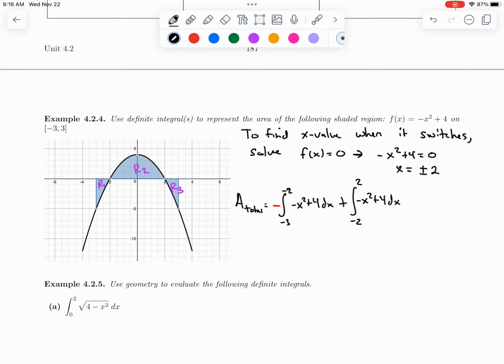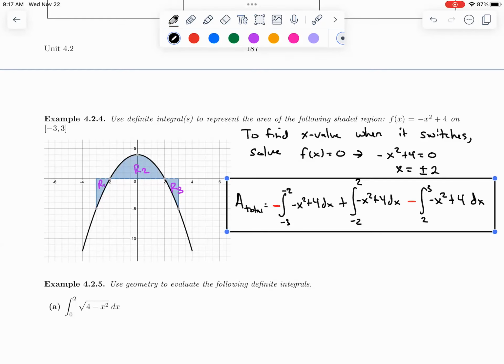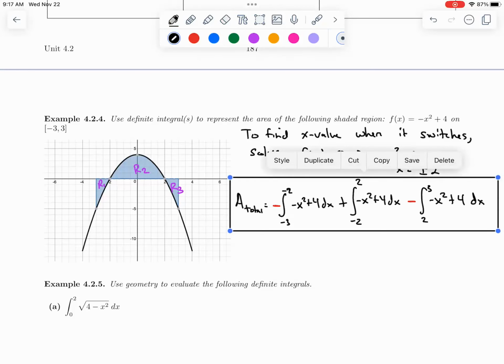And then the last one is below the x-axis, so we have to tack on a minus sign again, and so minus the integral from 2 to 3 of negative x squared plus 4 dx. Later on, once we get to 4.4 and beyond, we'll be able to figure out what that is.